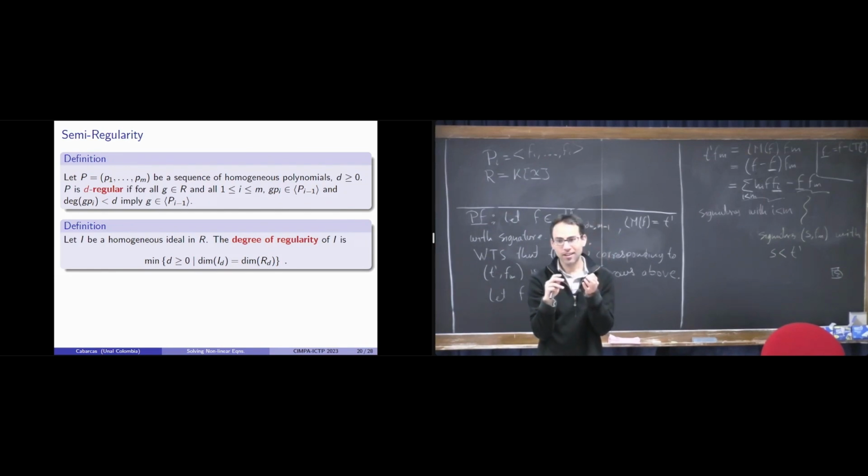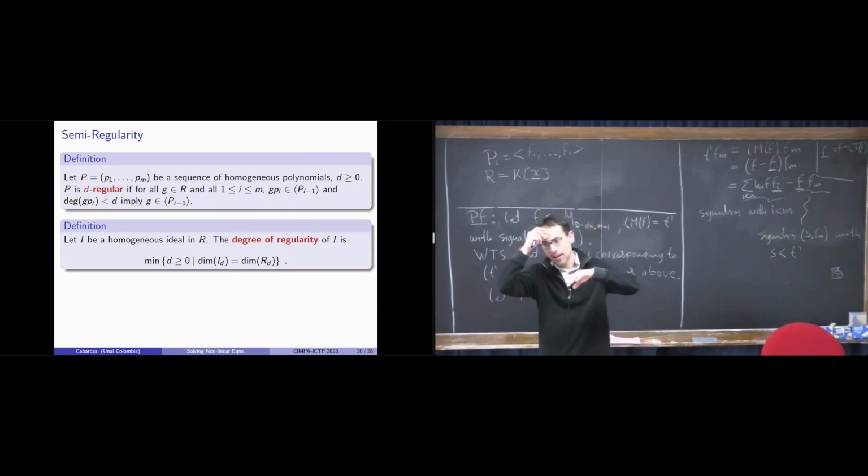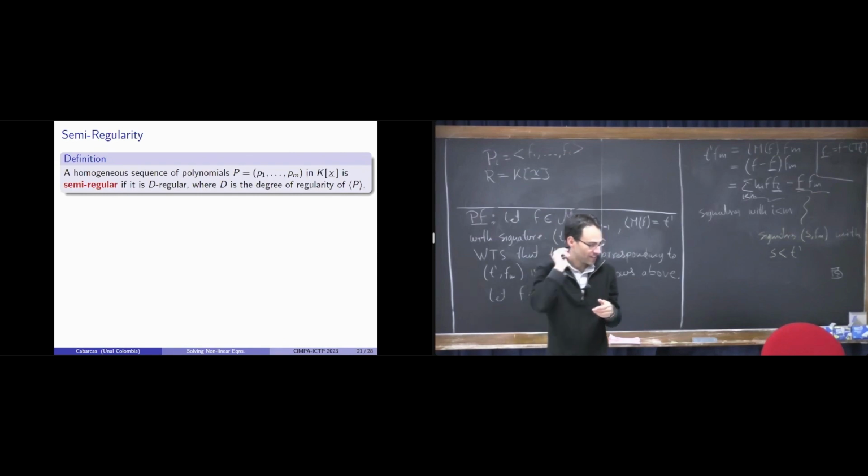As with the index of regularity, the degree of regularity is telling us up to what degree you're going to obtain a Groebner basis for regular sequences. So a homogeneous sequence of polynomials is semi-regular if it is d-regular, where d is the degree of regularity.